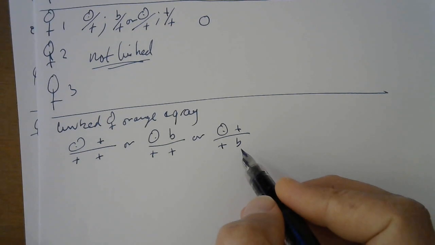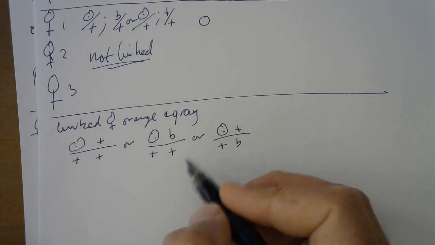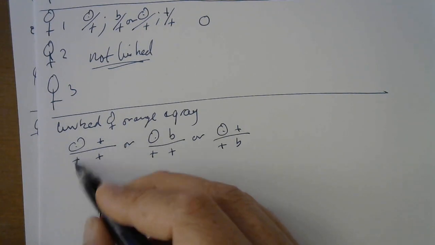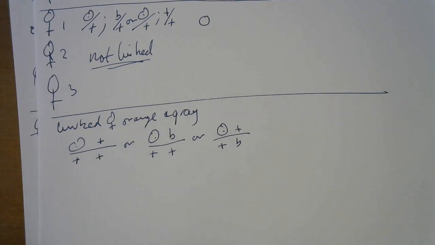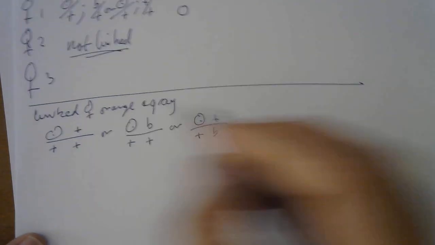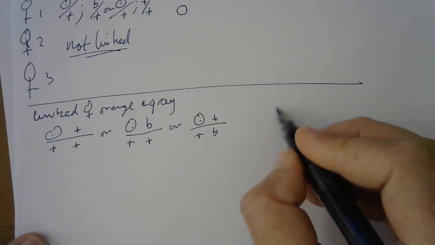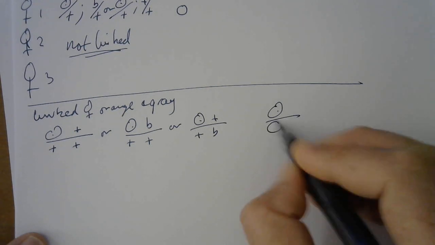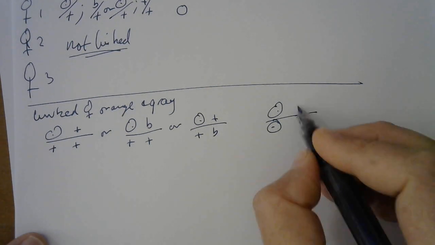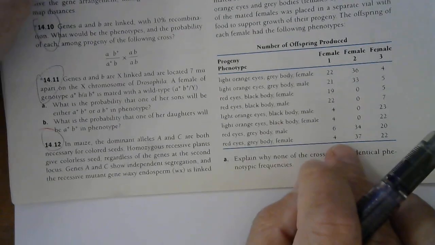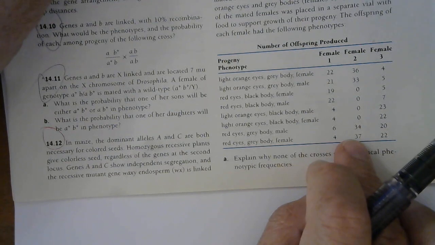And you might ask me why one of them couldn't be dominant. Okay, I guess there's heterozygous. So is there a possibility of one of them being orange over orange? Something like this. And we can rule that out, because in any of those cases, they would all be orange.